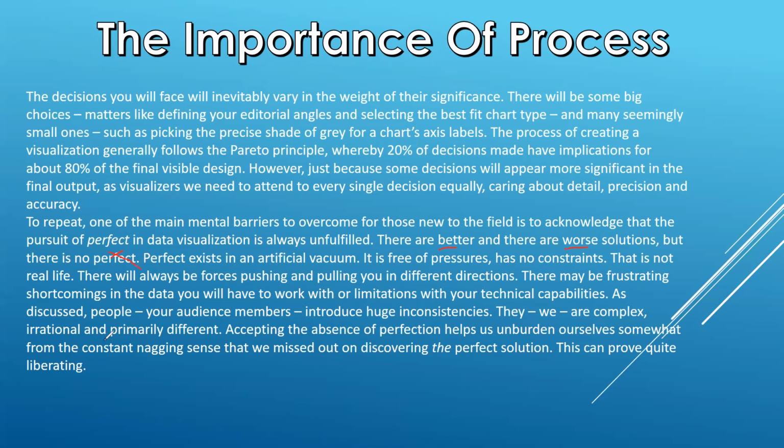As discussed, people, your audience members, introduce huge inconsistencies. So accepting the absence of perfection helps us unburden ourselves somewhat from the constant nagging sense that we missed out on discovering the perfect solution. This can prove quite a liberating way.